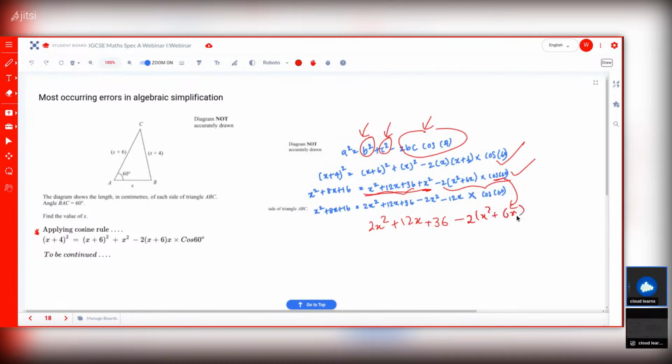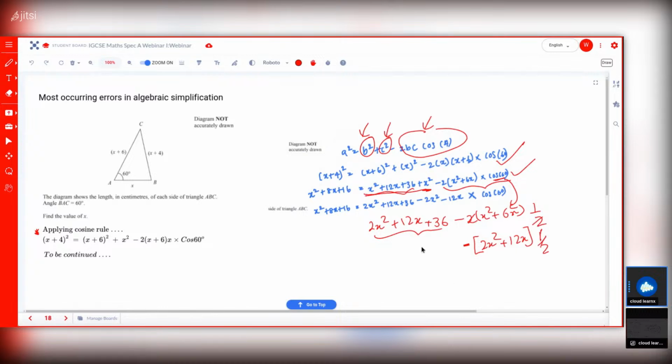You could either simplify that, or you could multiply this out and say it's 2x squared plus 12x times half, and then the rest of it, and eventually multiply by half.